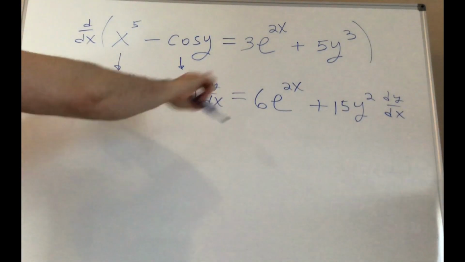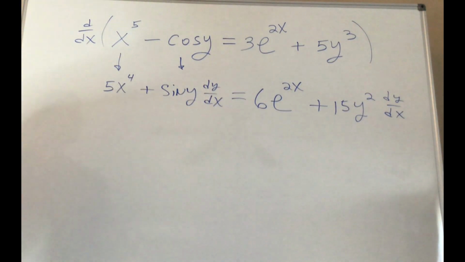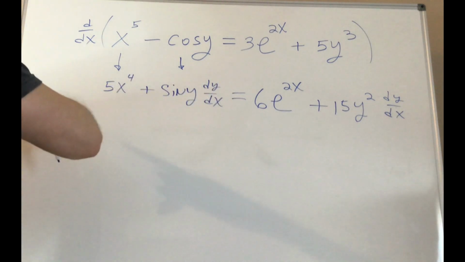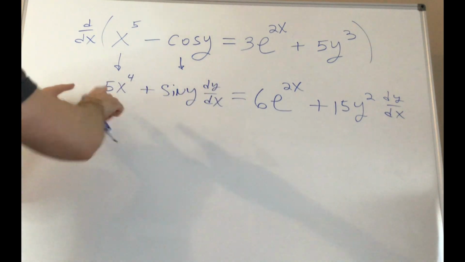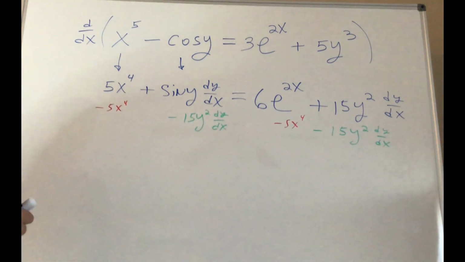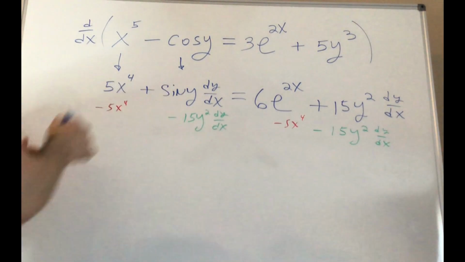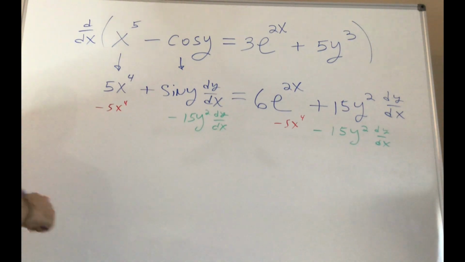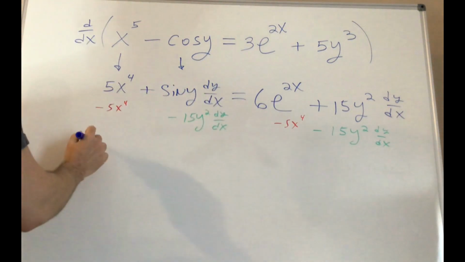Now, you got to start trading places. I need all the dy dx's on one side and anything without on the other side. So I'm going to start making my trades. Okay, so here I'm doing the step of switching places. I need everything with dy dx on one side.